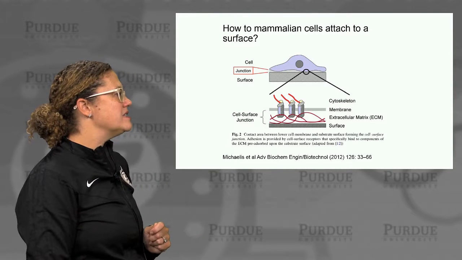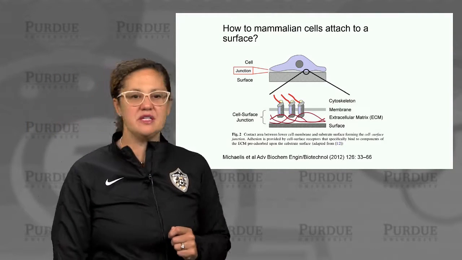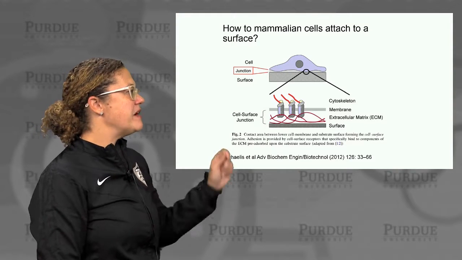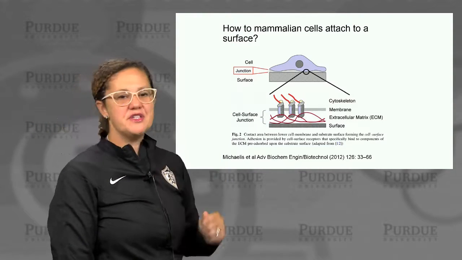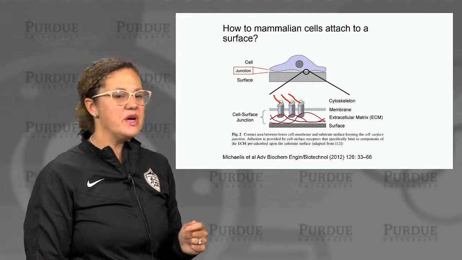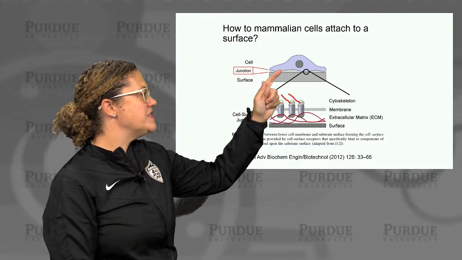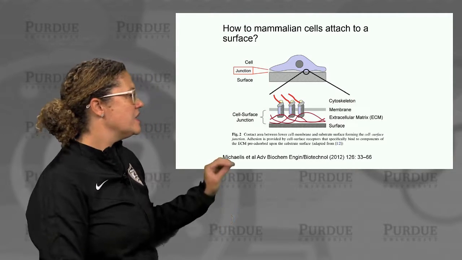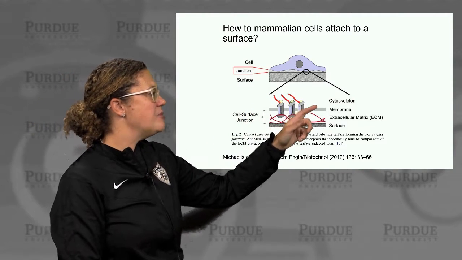Okay. So let's talk about these interactions a little bit more specifically. How do mammalian cells attach to a surface? Here at the top, we have a zoomed out view, thinking about the cell and the surface of our device that it's interacting with. And if we focus in on this junction area, and think about what's really happening, here we've zoomed in at the cell membrane.